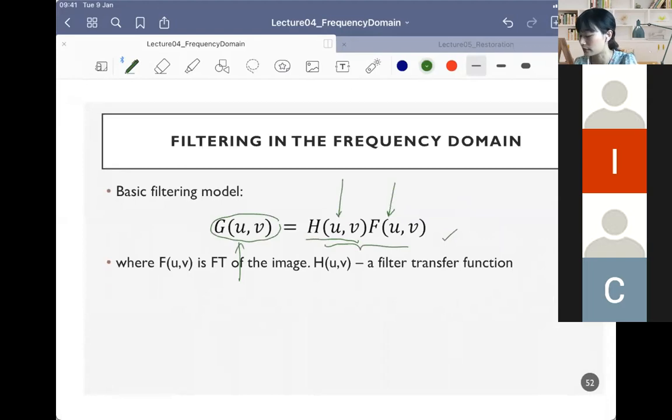Very simple. That's how you filter an image. Sometimes H(u,v) is also called a filter or the transfer function. You might have heard this word as well, but it's actually in the frequency domain.